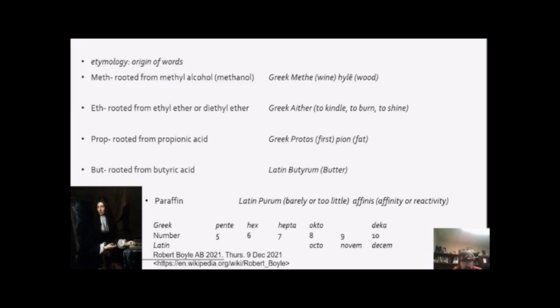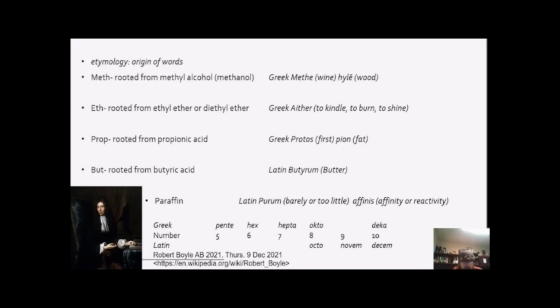And but comes from the Latin butyrum, from butyric acid, which is often found in butterfat, and especially in rancid butter, giving it that unpleasant smell and rancid taste. But was kept from butyrum, which is Latin for butter. So that's its original source.